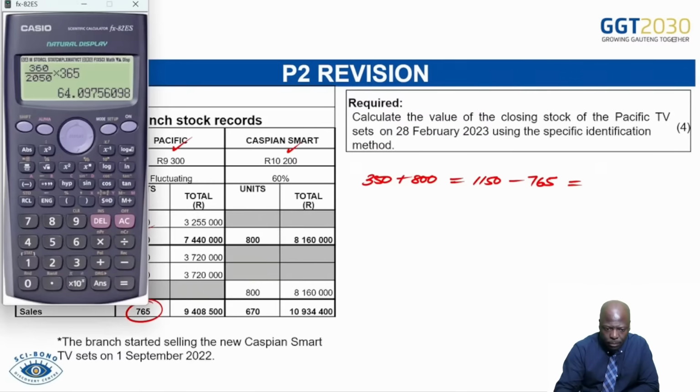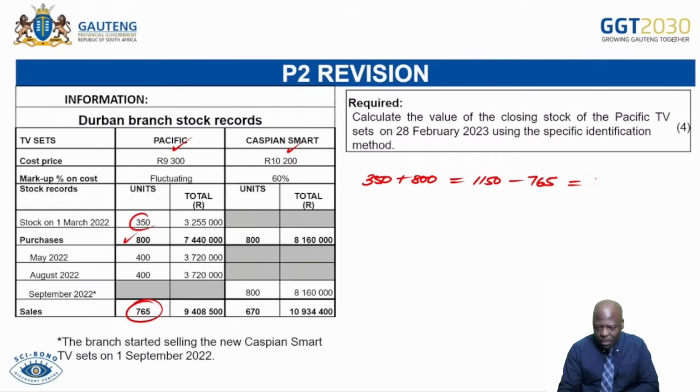Let's see. 350 plus 800 gave me 1,150. Then I subtract 765, and that will give me 385. So that will give me here 385. And then these are the closing stock units for the Pacific.